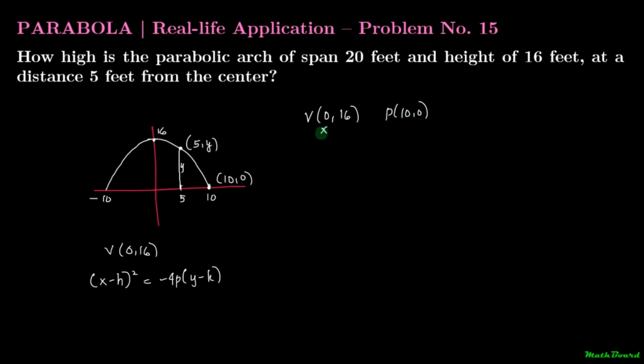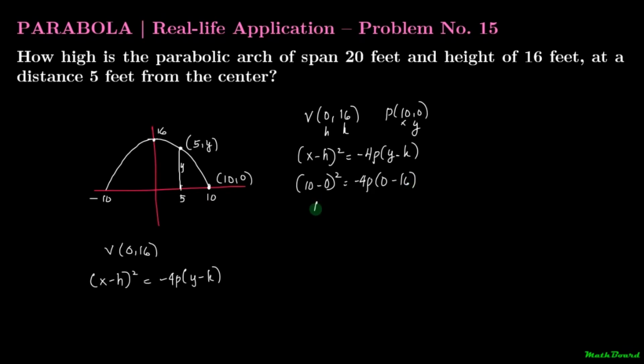So, ito ang ating gagamiting x, y. So, x minus h squared equals negative 4p times y minus k. Substitute lang natin. Ang x ay 10, ang h ay 0. Negative 4p, ang y ay 0, k ay 16.